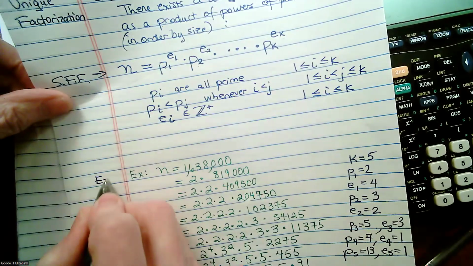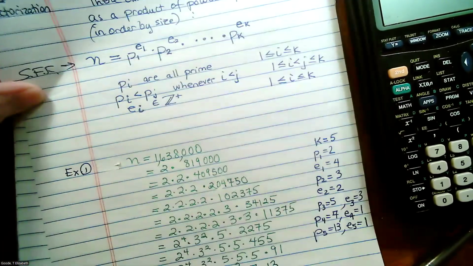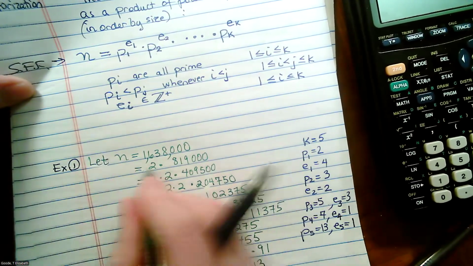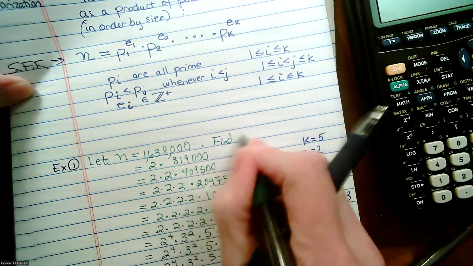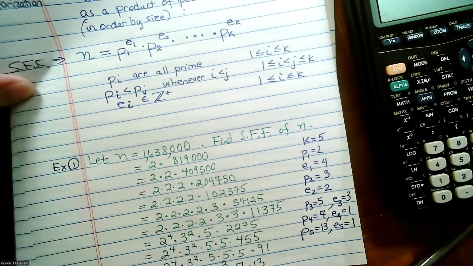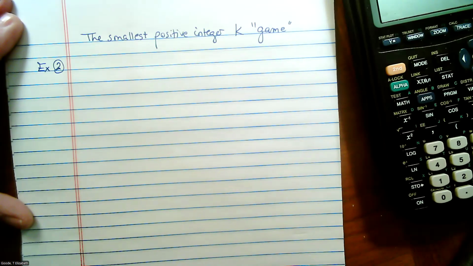We'll call this one example 1. Here, I'm going to say let n equal that. Find the standard factored form of n. I guess it would have been helpful for me to at least write what we were doing over there, for somebody that's just going to look at the notes. All right.